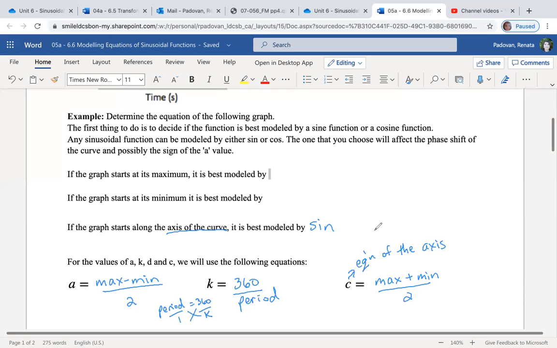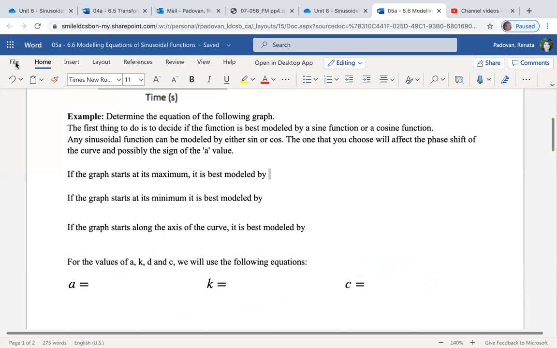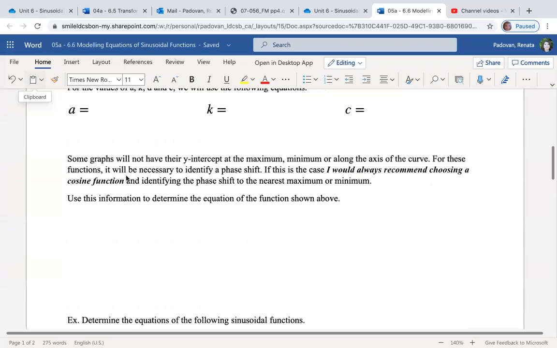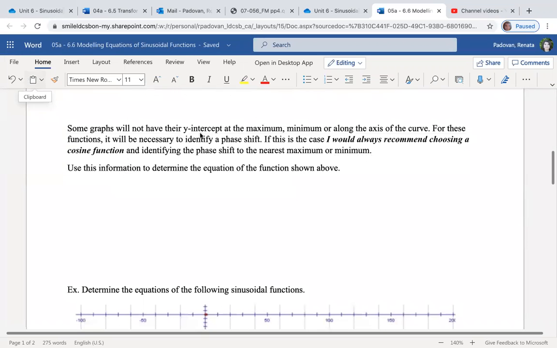Okay, let's talk about this a little bit more before we go back up to the top, which we will do, and try to get the equation of that graph up here. Some graphs will not have their y-intercept as the maximum or minimum, or won't be starting along the equation of the axis of the curve. For these functions, you know that you have a phase shift.